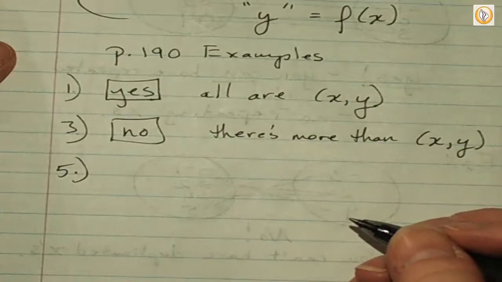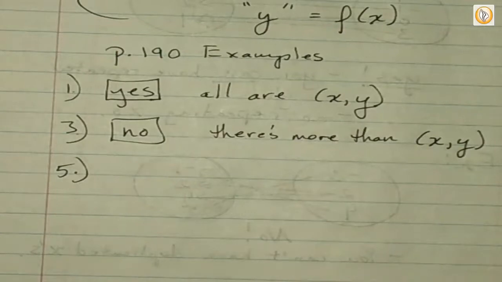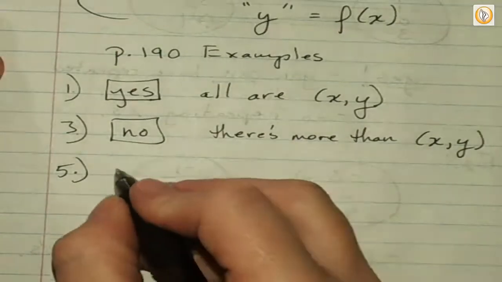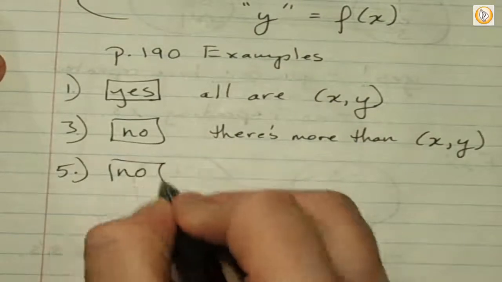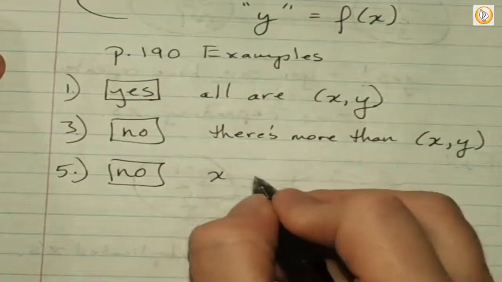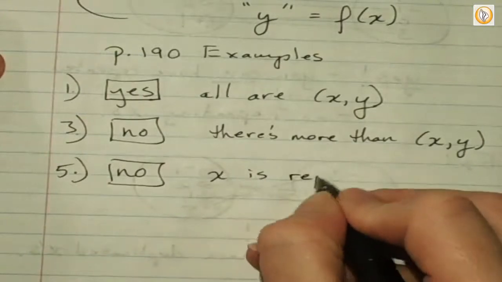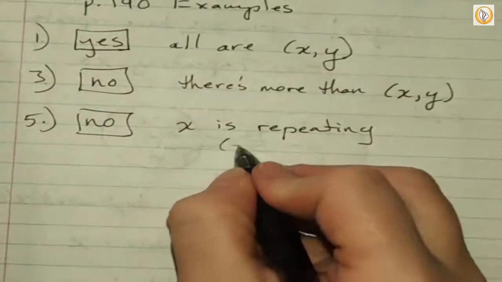Gabby, is number 5 a function? You are correct. Why not? That's right. X is repeating in there. And in fact, like she said, it was the -5, to be honest.